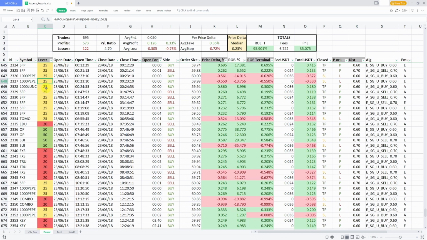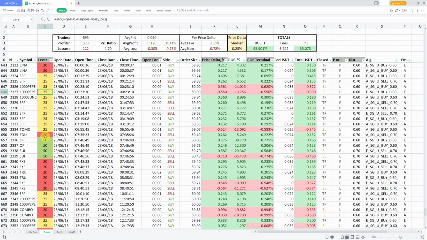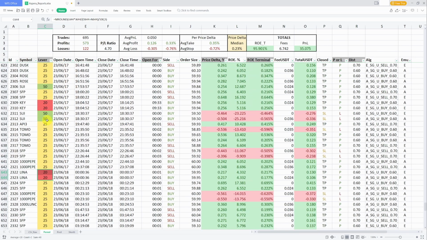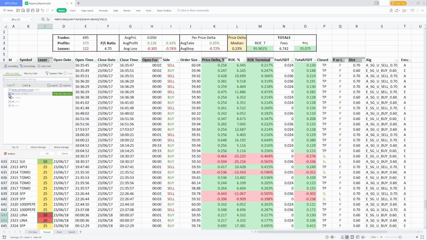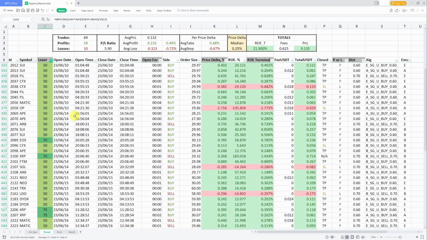As I've explained before, I believe that leverage has something to do with the way different coins behave on the market. And larger leverage coins are more stable, and lower leverage coins are a bit more prone to volatility. And we can somewhat verify that, because if we look here and try and find only the high leverage coins, 50 and 75 in this case, we have not so many transactions.